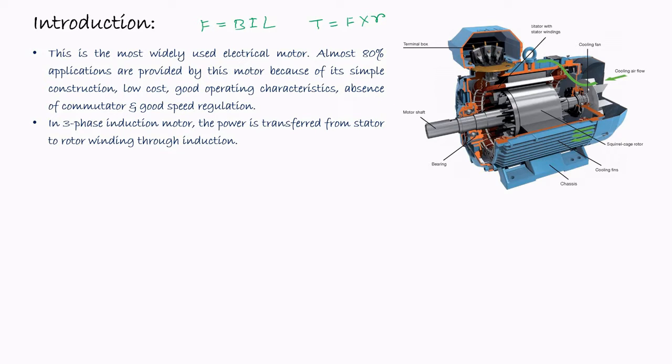The EMF will be induced in the rotor conductor, and so the current will flow through the rotor conductor. That is because of Faraday's law of electromagnetic induction, by the rotating magnetic field which is produced in the stator. We will discuss that in detail during the operating principle.